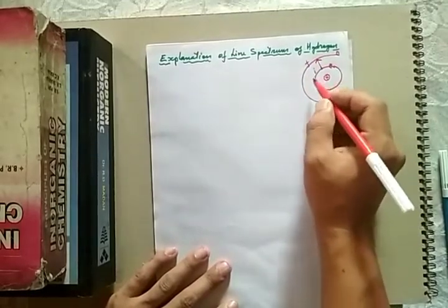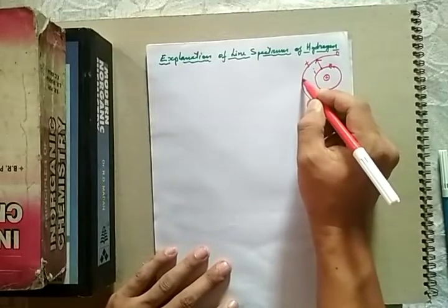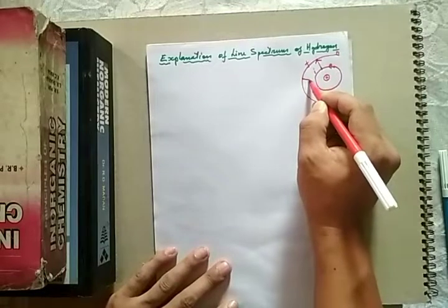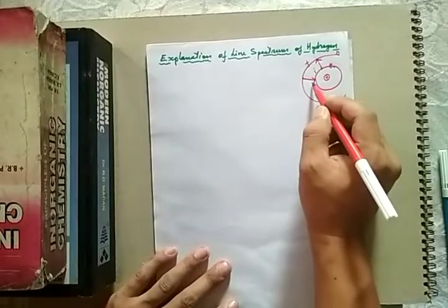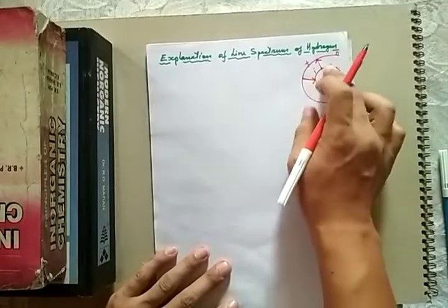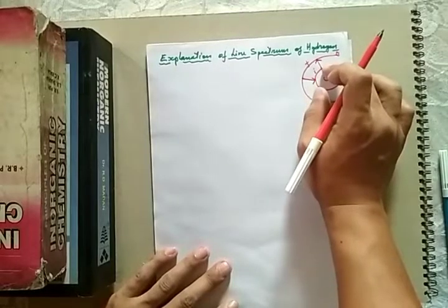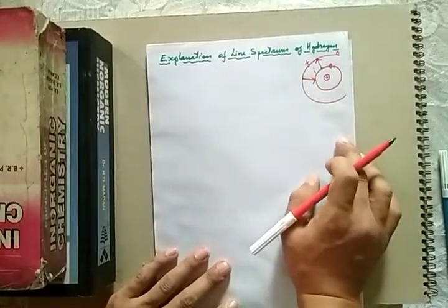After absorbing radiation they move to a higher state, and after some time they will lose energy and come back to the original or initial state. So absorption of radiation and then emission of radiation take place.